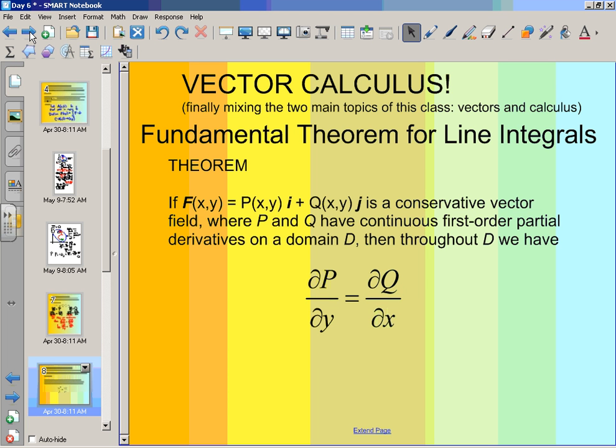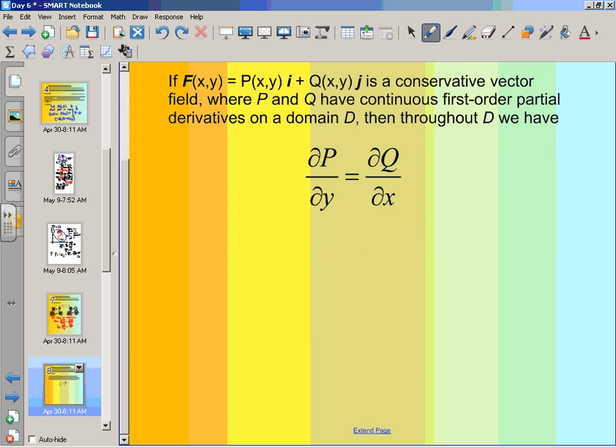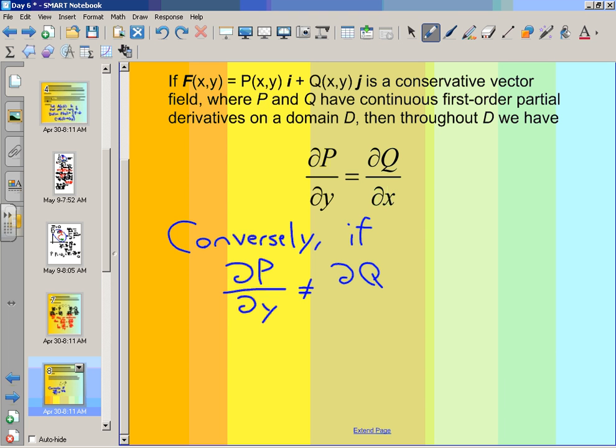So if this vector field is conservative, then this is true, which tells us, conversely, if this is not true, then our vector field F is absolutely not conservative.